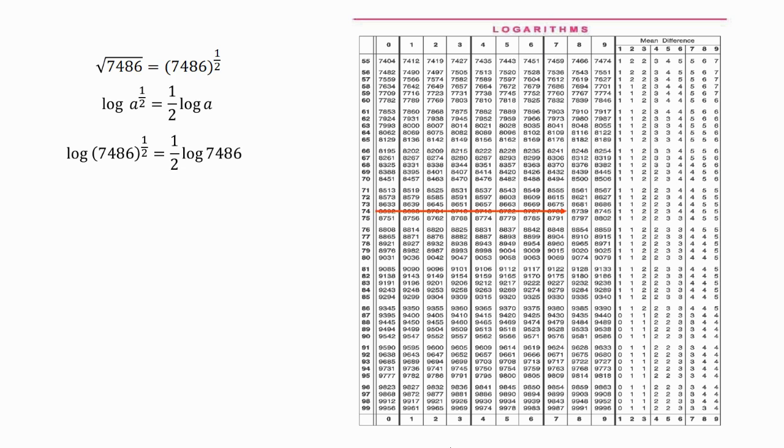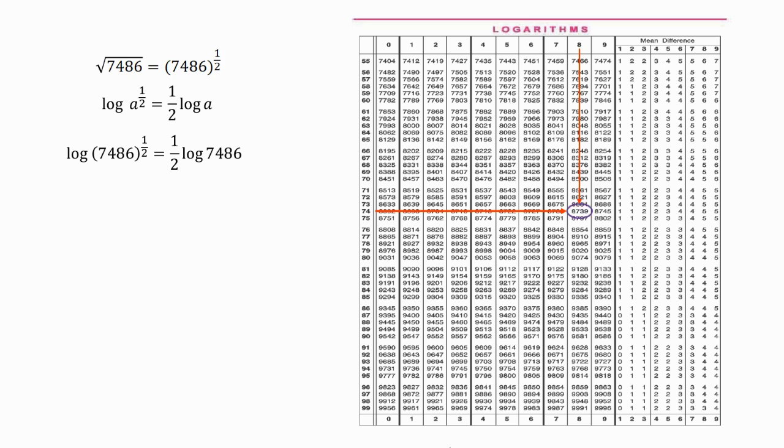Now students, let's find out the characteristic and the mantissa for the given number. The given number is a 4-digit number, hence its characteristic is 3. Now let's find its mantissa. For that, you can see student, I consider the 74 in the very first column. Along the 74 row, I observe value under 8 column.